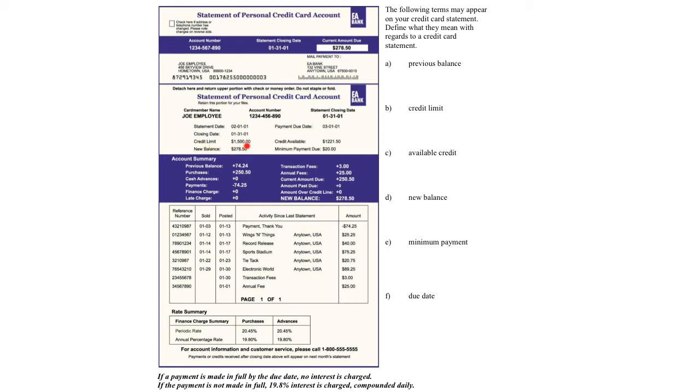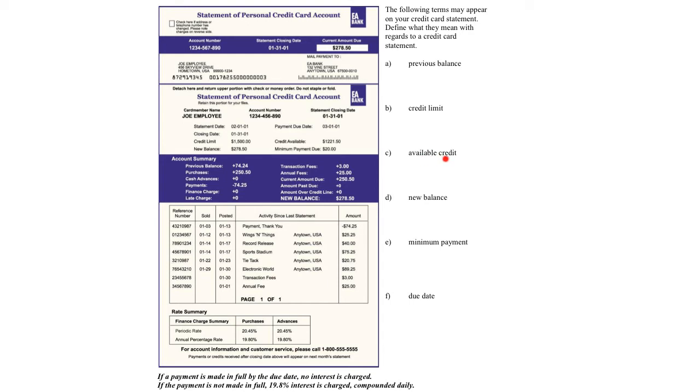So that just means this person cannot put more than $1,500 on their credit card. And credit limit, that's actually a good thing because once you've reached your limit, you're not allowed to borrow more money. So if you have trouble paying back your credit cards, it's good to have a limit so that you're not putting more and more and more onto your debt.